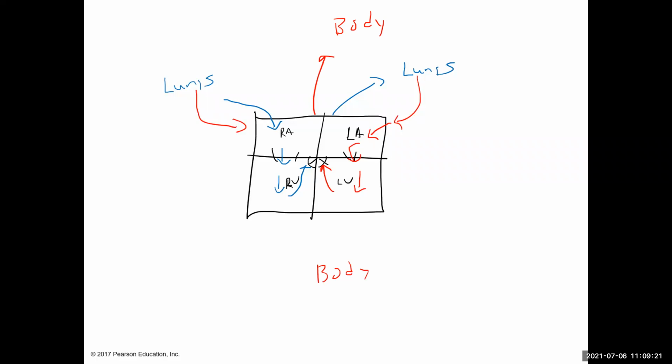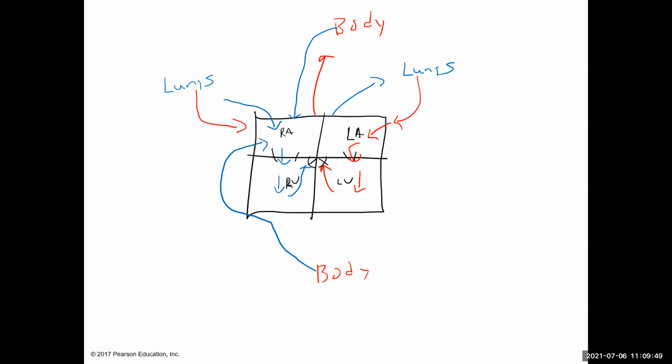And then when it goes to the body, it drops off all that oxygen, so it's deoxygenated. Okay. And then it comes back, let's draw it here, to the right AV, or the right atrium.